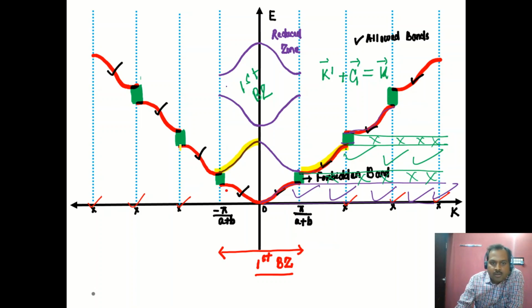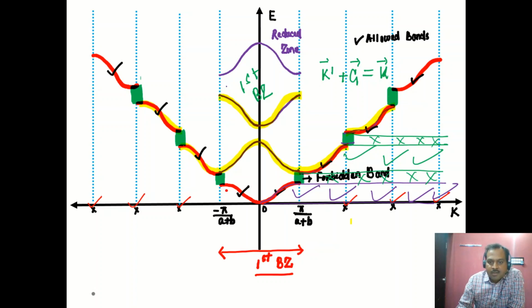Similarly, this portion has been brought back here. So this portion is here and this portion is here. In this manner we can bring back all the portions of the E-k band diagram which lie outside the first Brillouin zone inside the first Brillouin zone using the reduced zone scheme.